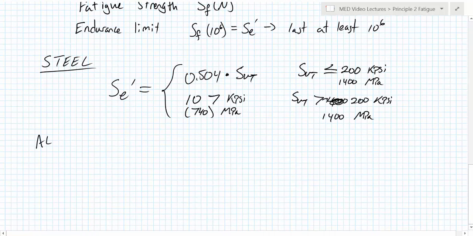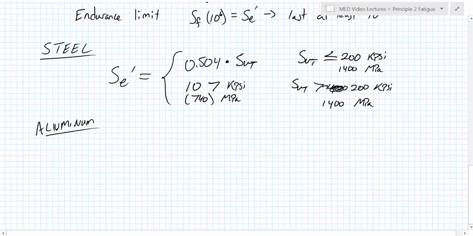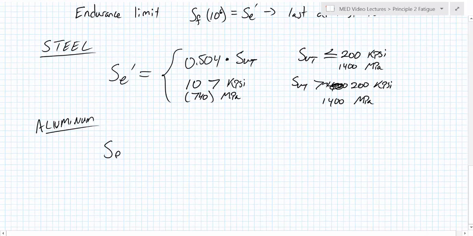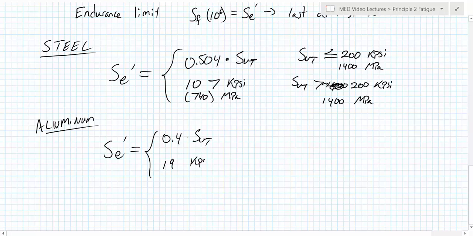For aluminum, the endurance strength is about 40% of the ultimate strength, or this hypothetical one based on pure bending. So 0.4 times our ultimate strength, or about 19 kpsi, which is equivalent to about 131 megapascals.